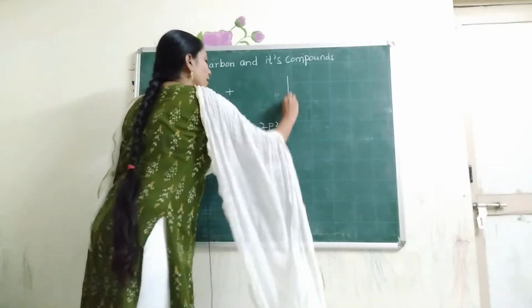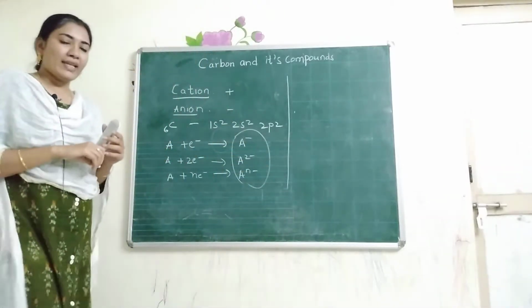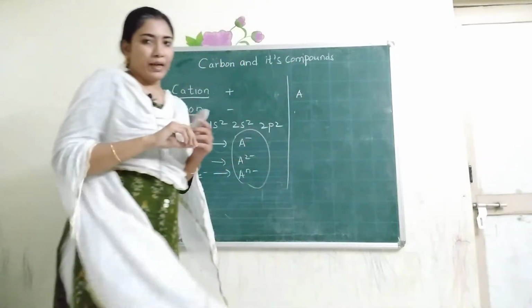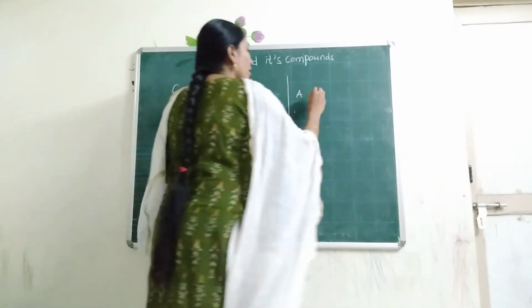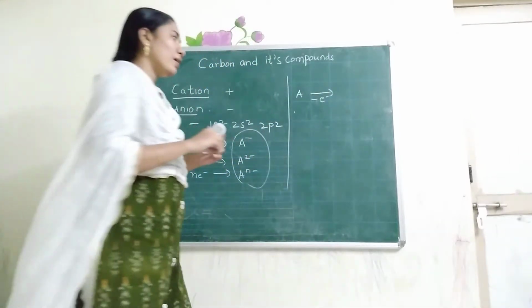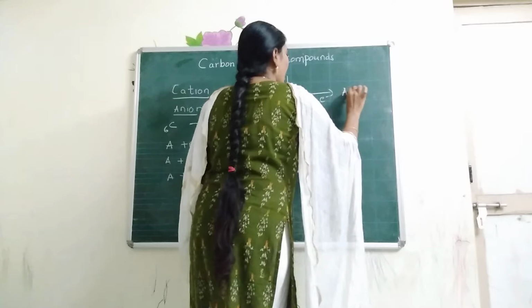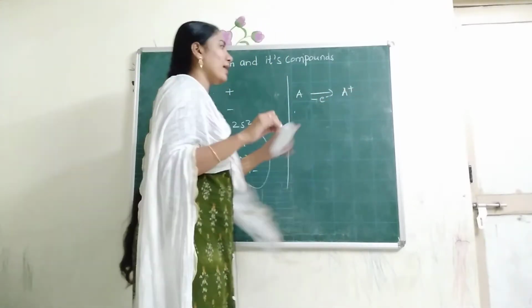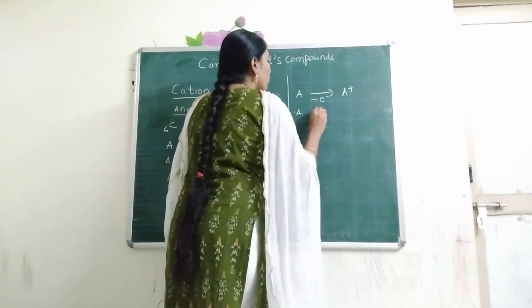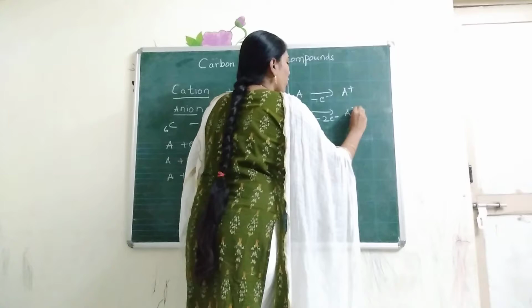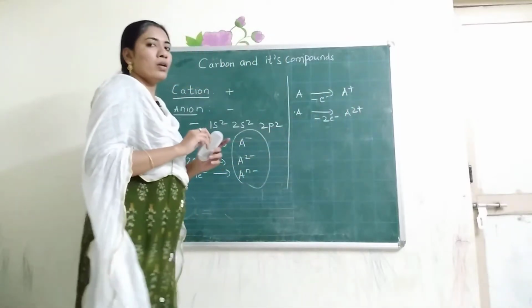Okay. Next, if I remove an electron from the neutral atom, for example, A is a neutral atom, and I remove an electron, then what happens? It forms A plus. The plus charge means it is a cation. If I remove 2 electrons from the neutral atom, then it forms A2 plus.